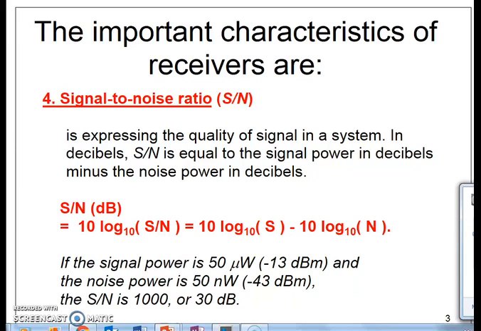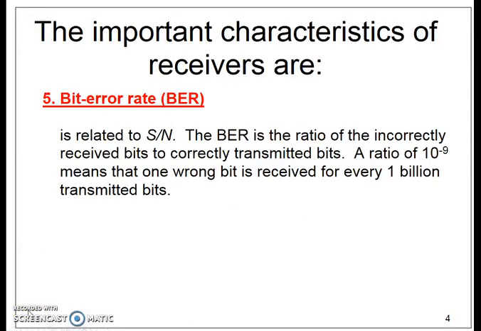Normally signal to noise ratio is used to define the quality of a signal in a system. The formula is given by 10 log10 signal to noise, or 10 log10 signal minus 10 log10 noise. The last characteristic is defined as bit error rate or BER.